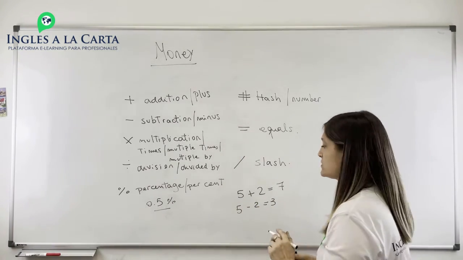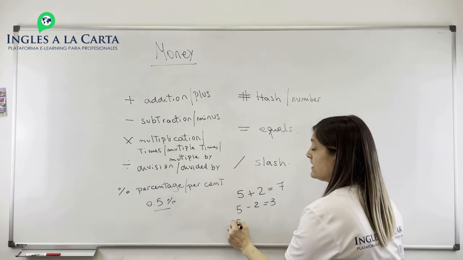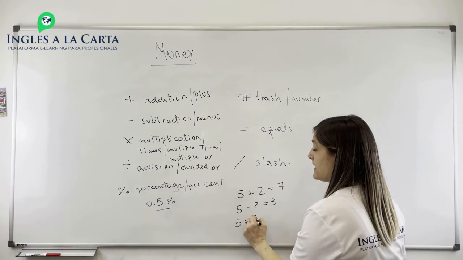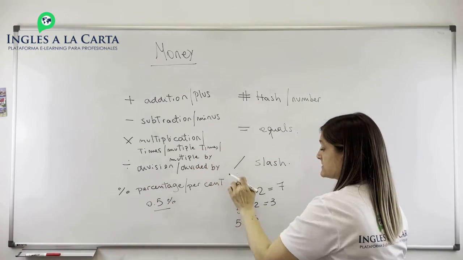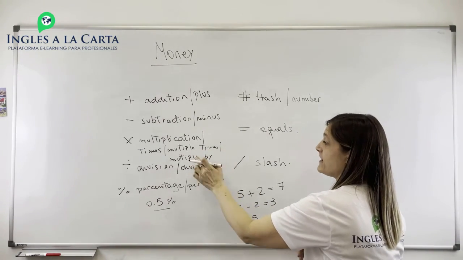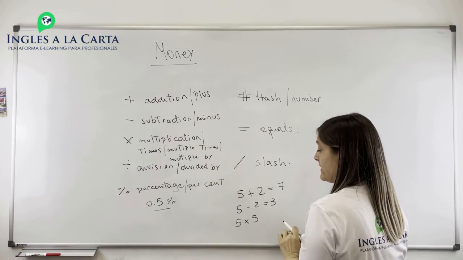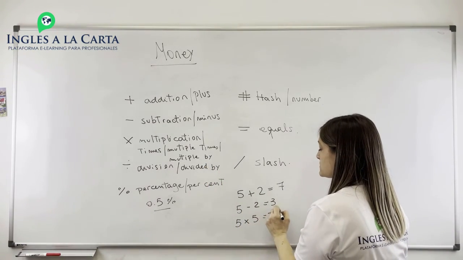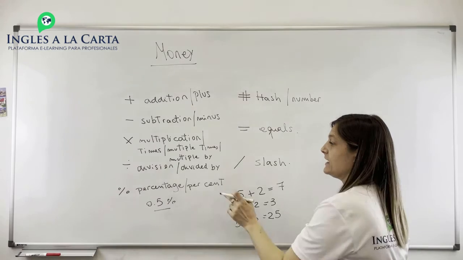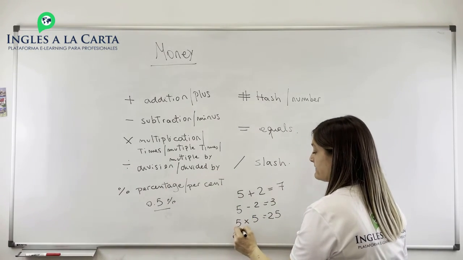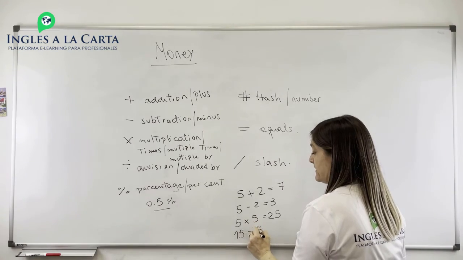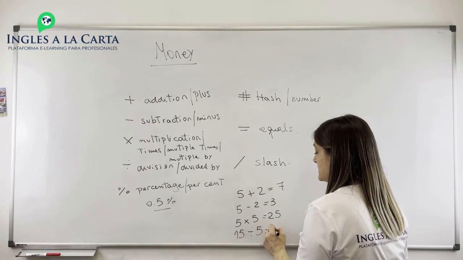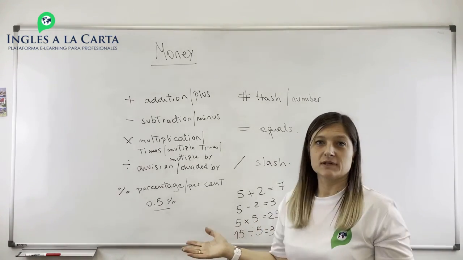A multiplication. 5 times 5, 5 multiple times 5, or 5 multiplied by 5 equals 25. A division. 15 divided by 5 equals 3. Got it?